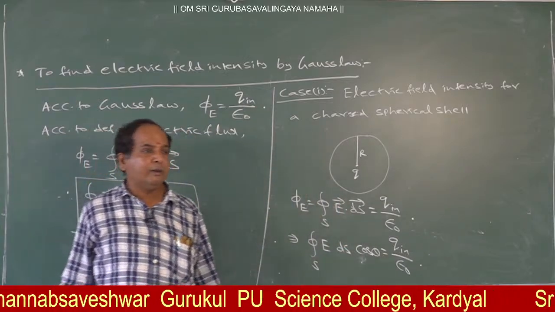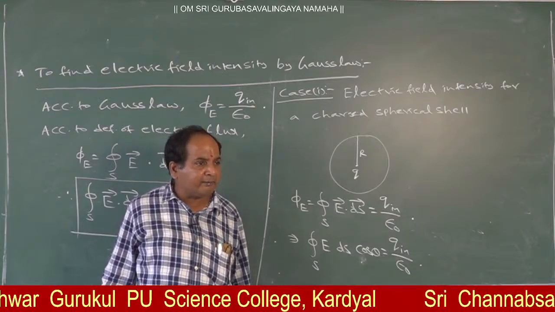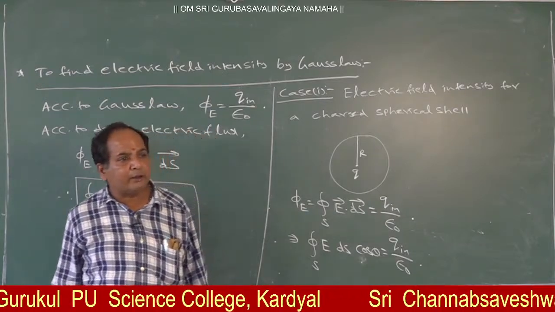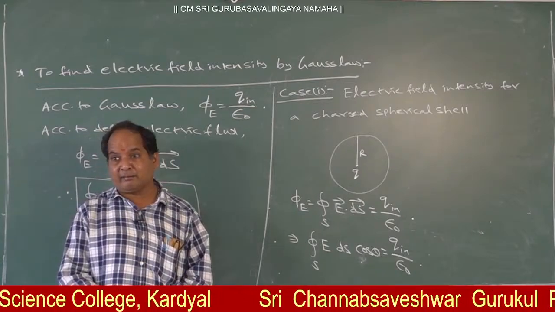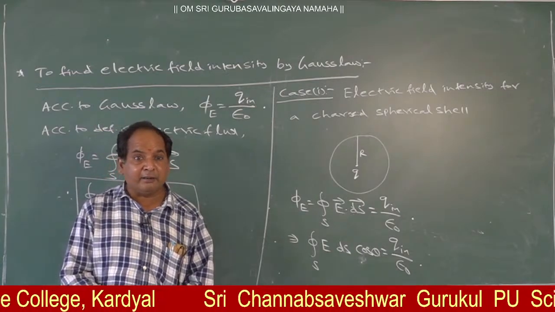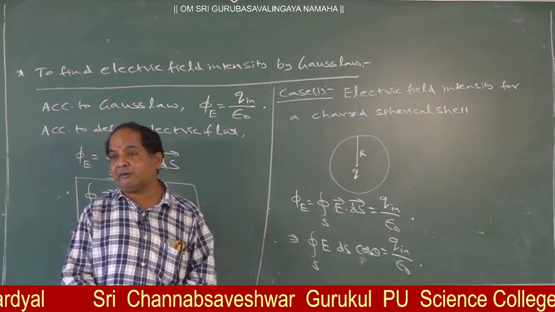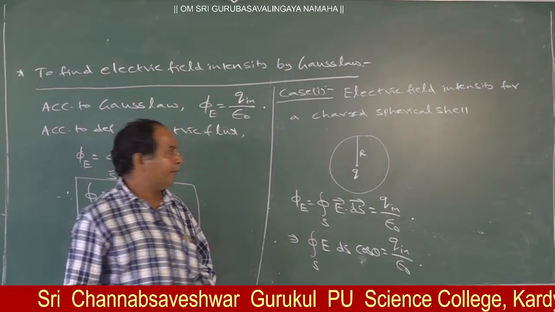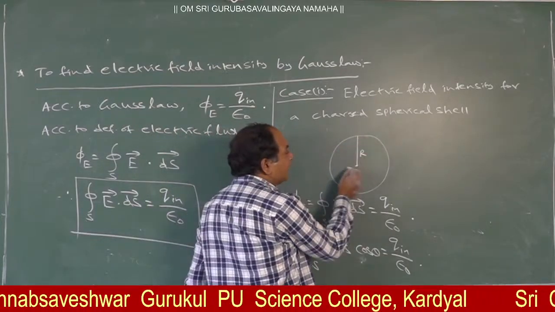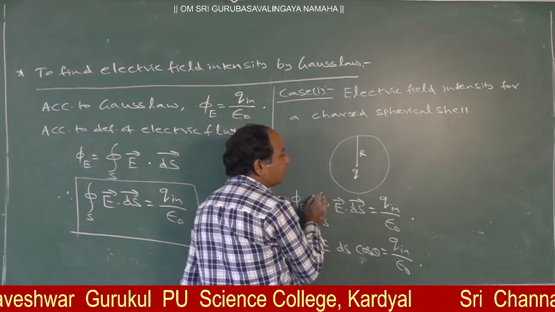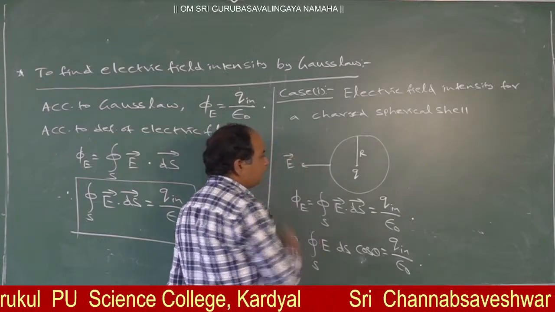Already you know the surface area vector direction is perpendicular to the area. Now, this is the charge. Where is the electric field at this point? Perpendicular. So, this is the E bar.